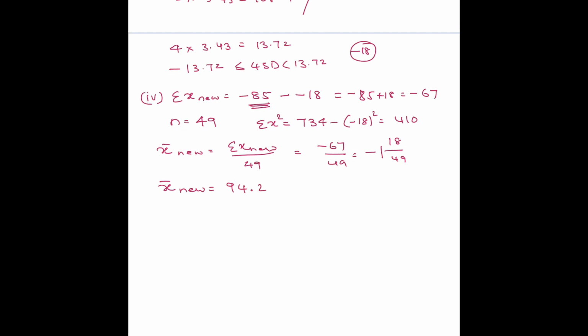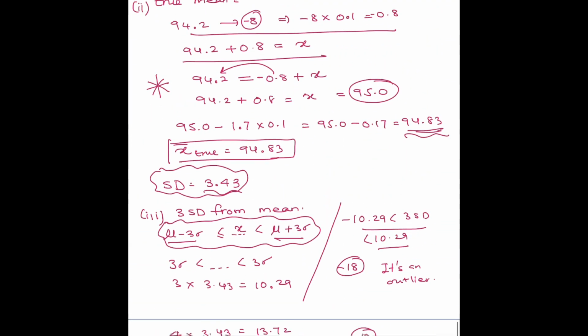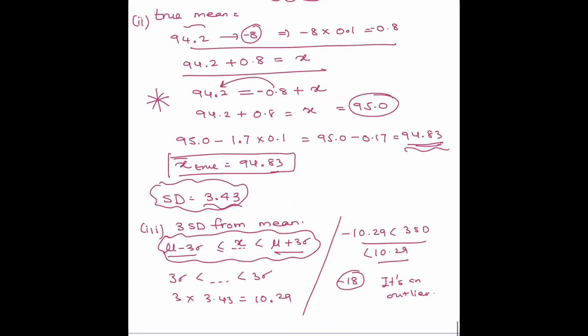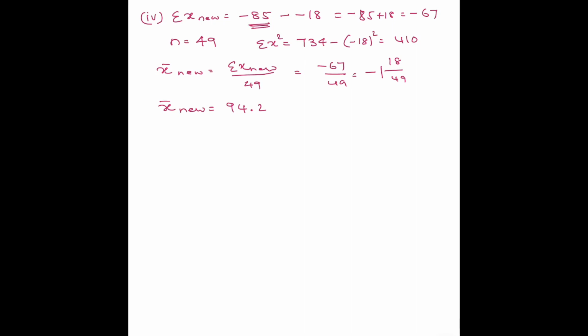Where is 94.2 coming from? Right, 94.2 plus 0.8. Why 0.8?